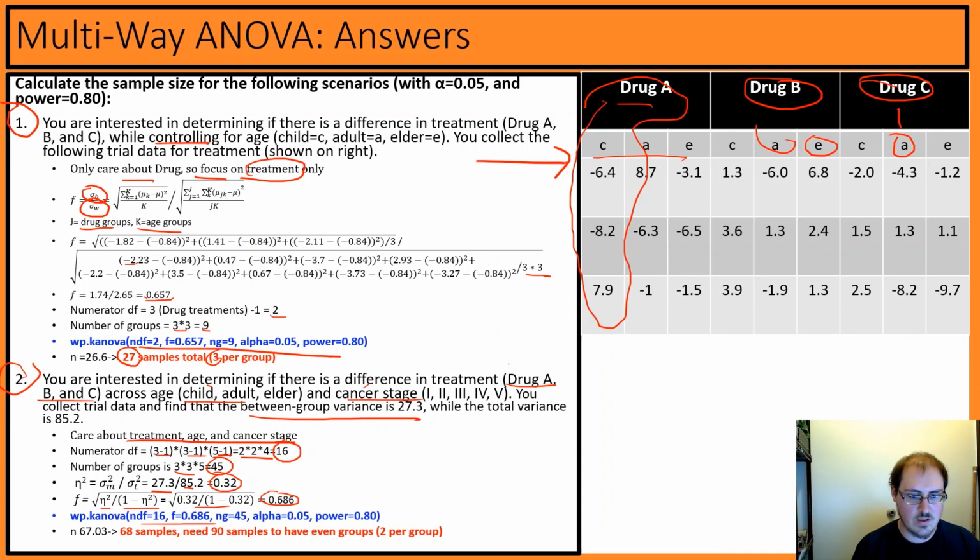Plug that all in, and we get 68 samples, but to have even groups, we're actually going to need 90 samples. You can think about it this way: we have a total of 45 groups. 68 doesn't go evenly into 45, but 90 does. So 90 divided by 45 gives us 2 per group. There we go.